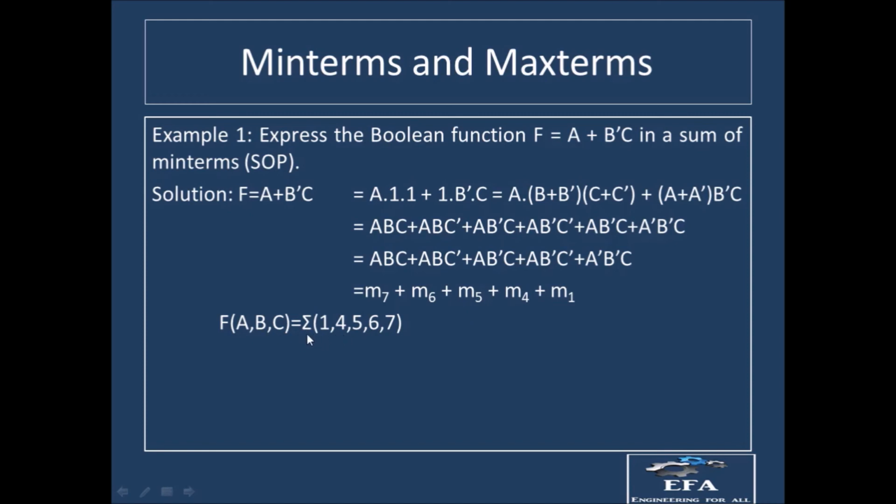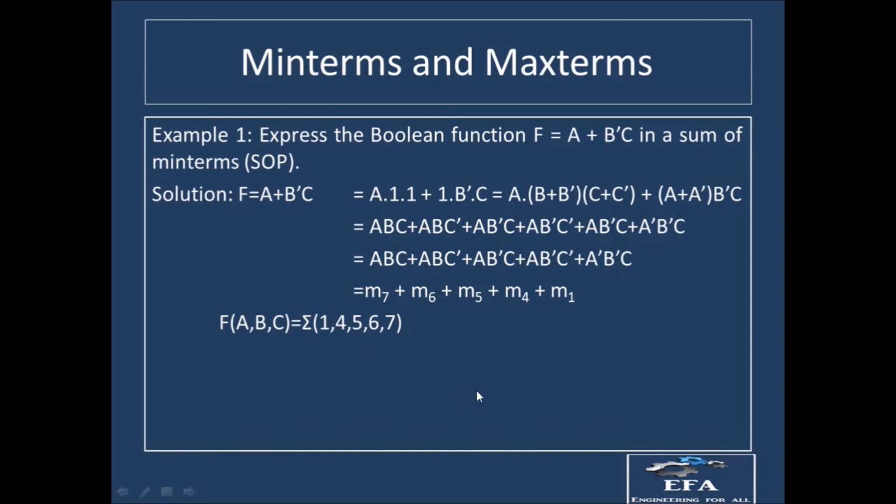If it would have been the POS type of expression, then there would have been a pi sign over here, right? In the next example we'll discuss that also. So we arrange these numbers in ascending order: summation of 1, 4, 5, 6 and 7. This is the ultimate SOP type of expression derived from this one, right?